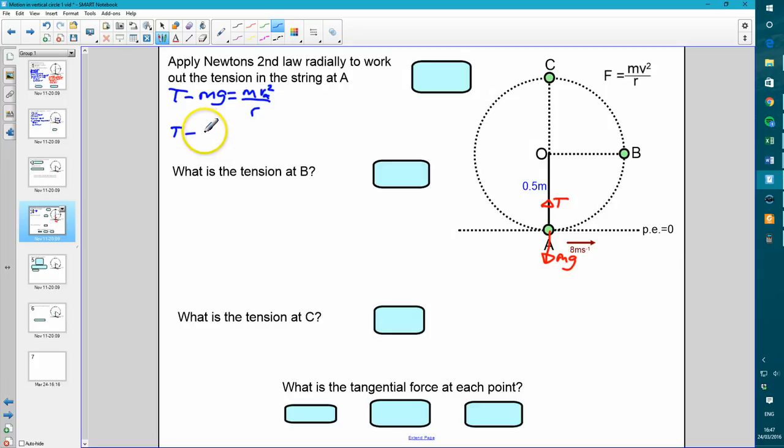0.1 times 9.8, which is 0.98, is going to be equal to m times velocity at A squared. So the velocity at A squared is going to be 64, and I want to times that by the mass, so it's going to be 0.1 times 64, which is 6.4, divided by the radius, which is 0.5.